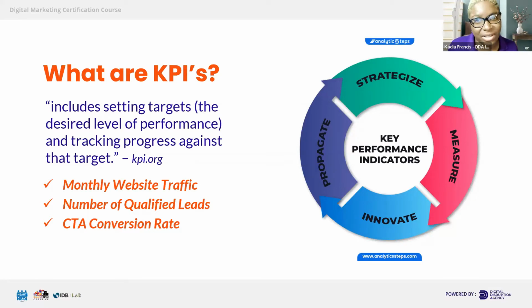That's the activity, right? The tactic is to use that content that you're posting on social media to traffic people to your website, right? How are you going to know if you have persons coming from your social media to your website? What are the metrics you're going to use?